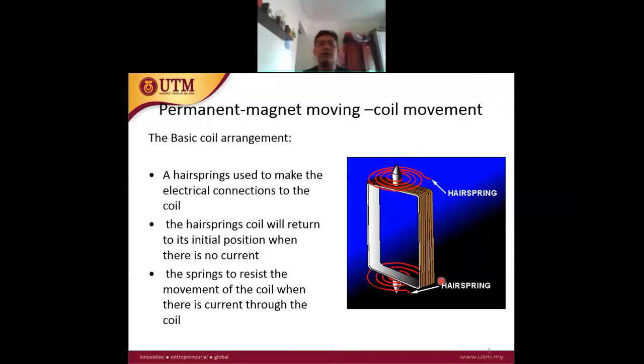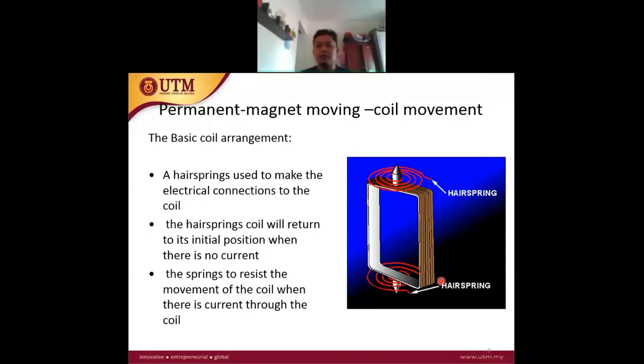Okay, you can see from the analog meter, when there is no current, the needle will always start on the left. When you give current, it will deflect depending on the amount of current. It will deflect, and then it will stay at the position.